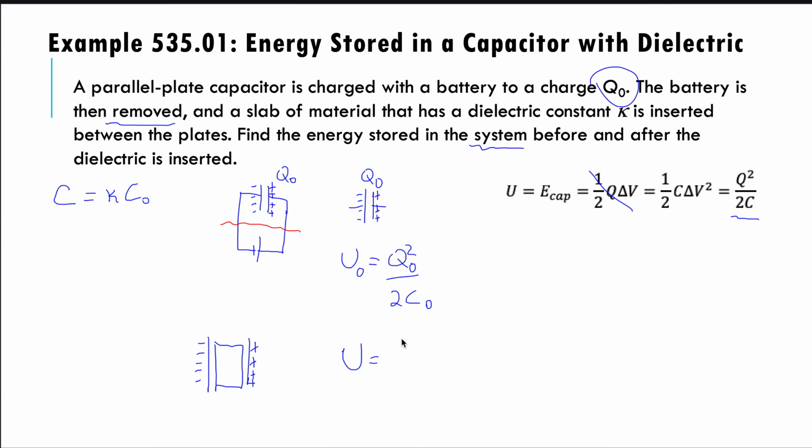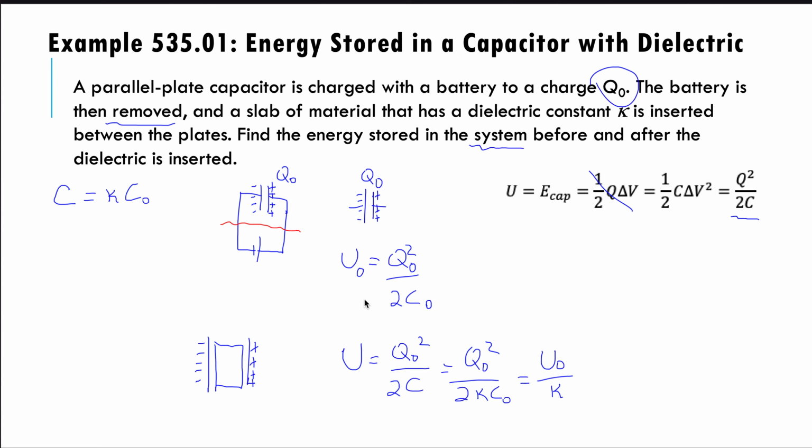The final energy is going to still have the same charge, but a new capacitance, C, and we said that C is kappa times C0, so we can plug that in. If we compare the new energy to the old energy, they differ by just a factor of kappa, so the new energy is the initial energy over kappa.